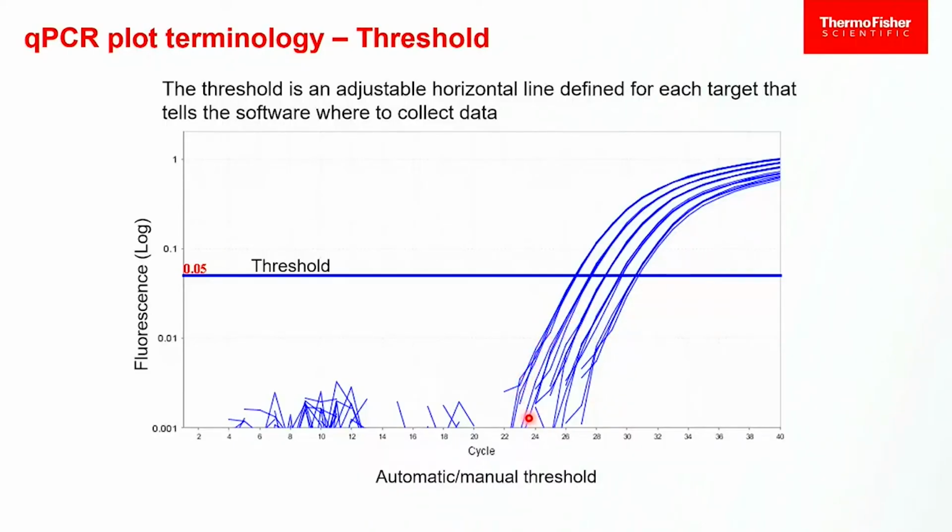It's not real consistent. That's not great data. But we get really consistent here in that flat region, again, on the log scale. You want to keep it in the region where this is flat. Once it starts to curve over, you're out of the exponential phase and you don't want to quantify there. So we can draw a line at the top about here and the bottom about here.